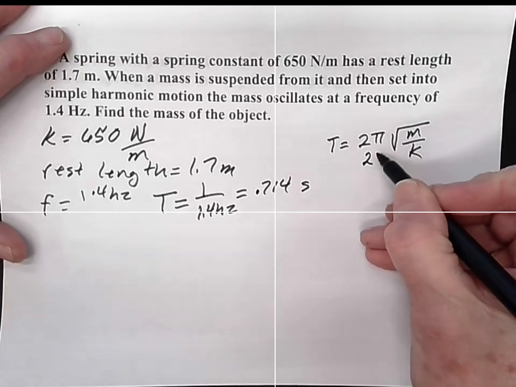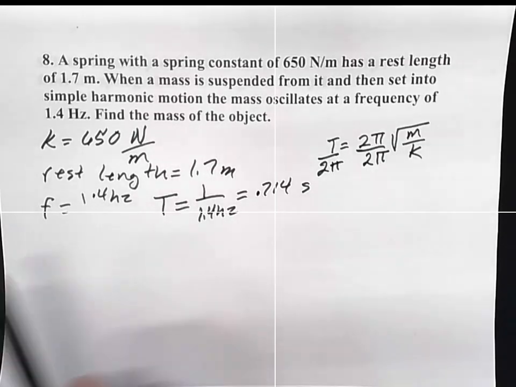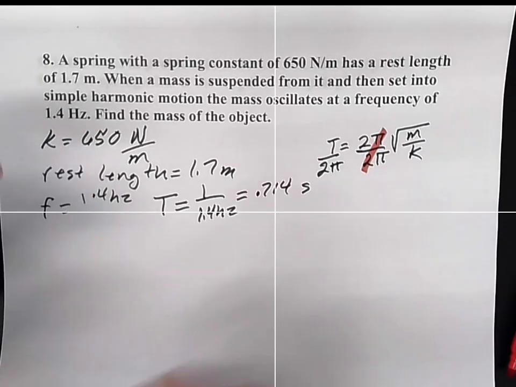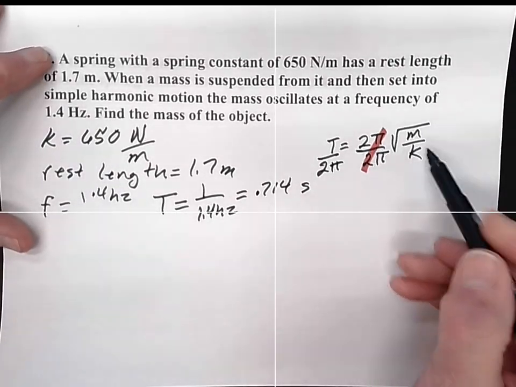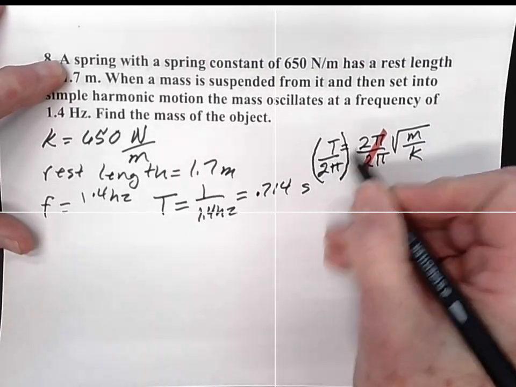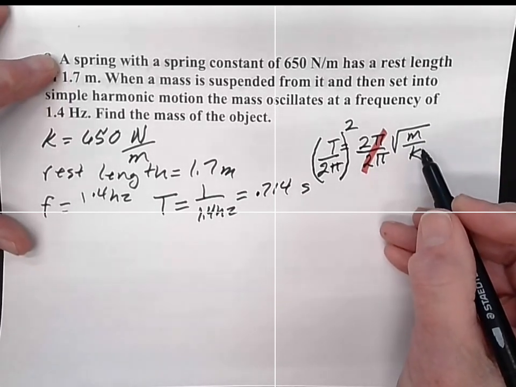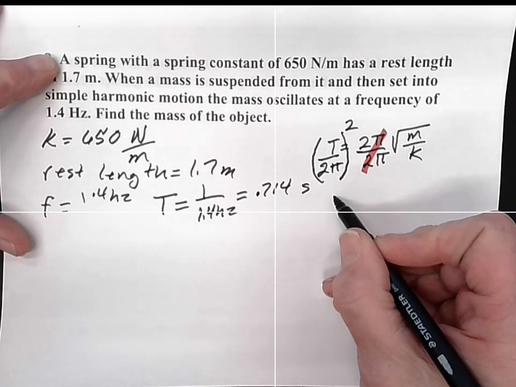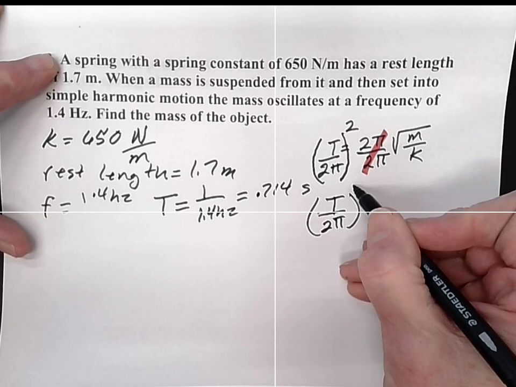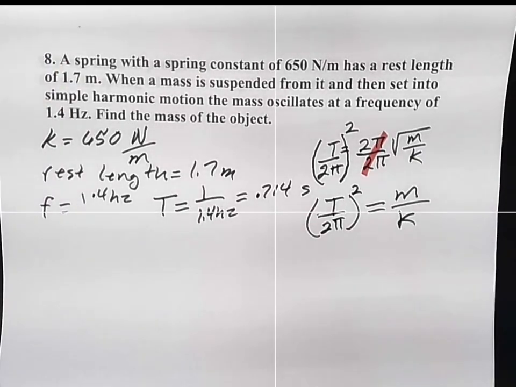So here I'm going to divide by 2 pi, and here I'll divide by 2 pi. Then this now will go away, and then I have T over 2 pi is equal to the square root of M over K. Now I need to square these things, so I'll take T over 2 pi squared, and then I'm going to square M over K. So T over 2 pi squared is equal to M over K. And so we're almost there.